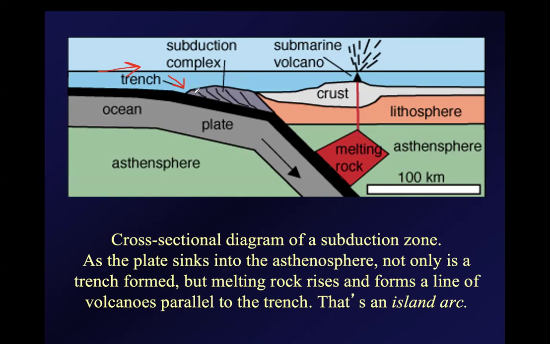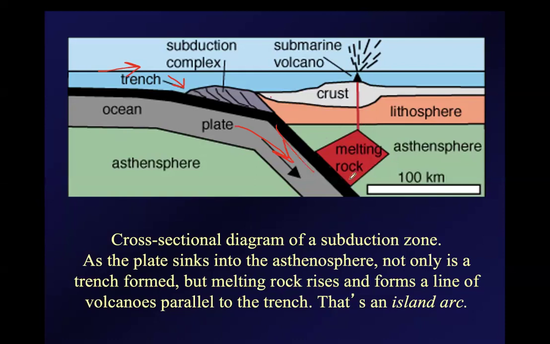So you get sediments scraped off in the subduction complex, and then the plate starts sinking down and drops into the asthenosphere, right about here. I said the asthenosphere was mostly solid, but rocks on top of the plate are saturated with water, and that lowers the melting point of the rock, which means that rocks on the top of the oceanic plate that's sinking down start melting.